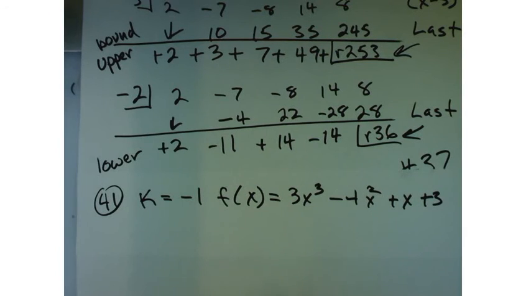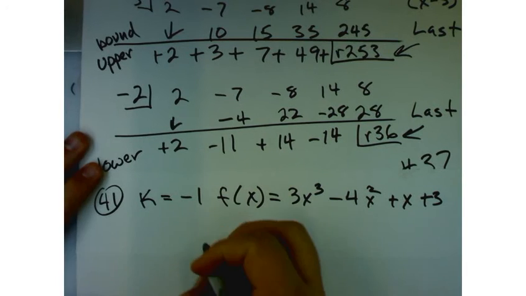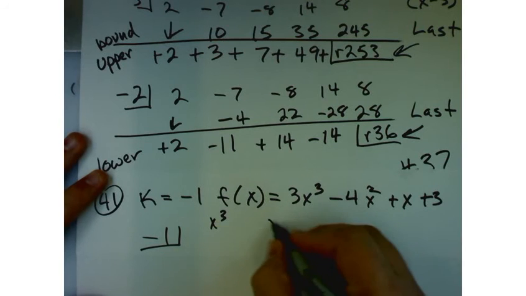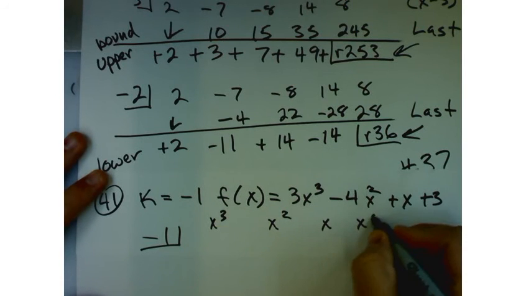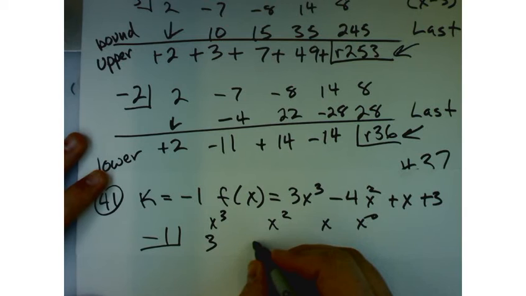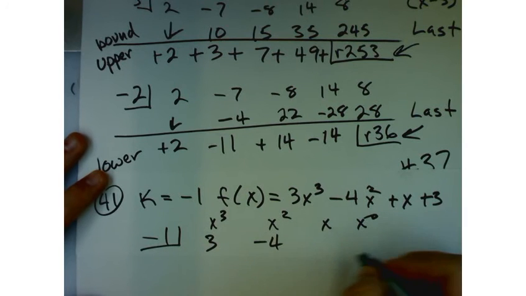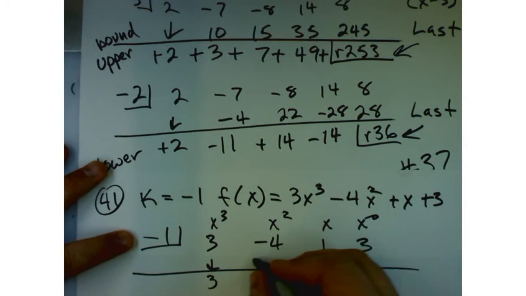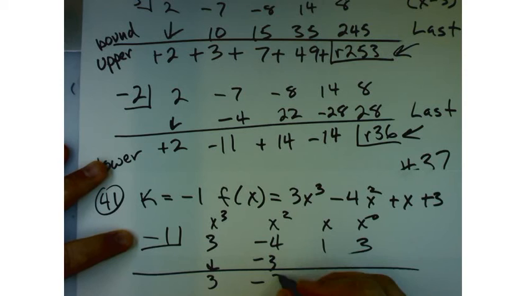Let me double check that because I was doing 3 things at once. Yep, that's right. So now for the lower bound, I'm just going to do the synthetic division using only the coefficients. So I drop my 3 down, multiply by -1, now I have -7.